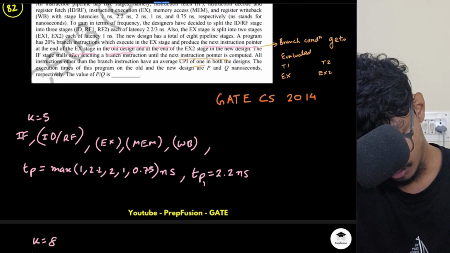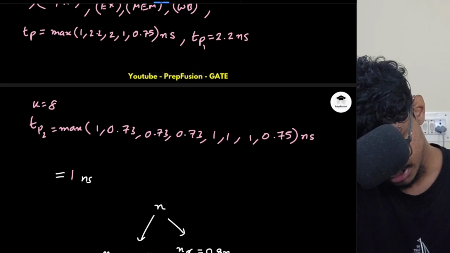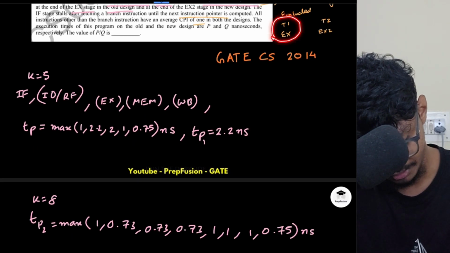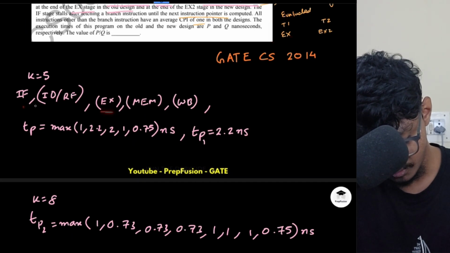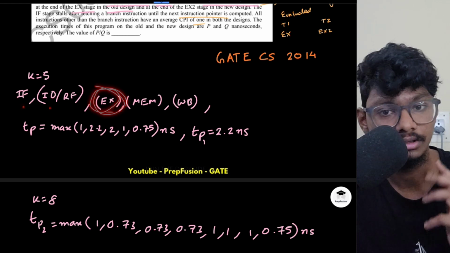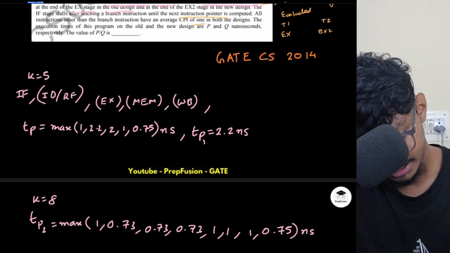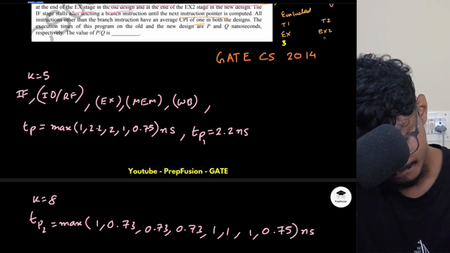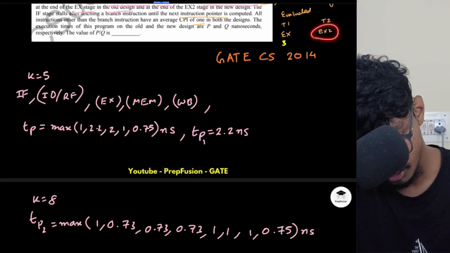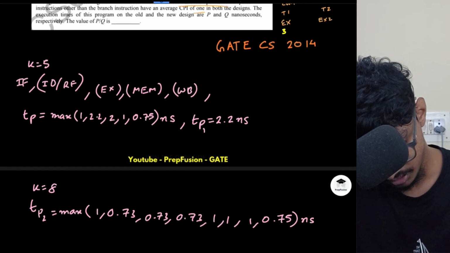The branch instruction is getting evaluated in the execution phase, and what is the execution phase? It is the 3rd phase here. And in execution 2, it is a later phase.